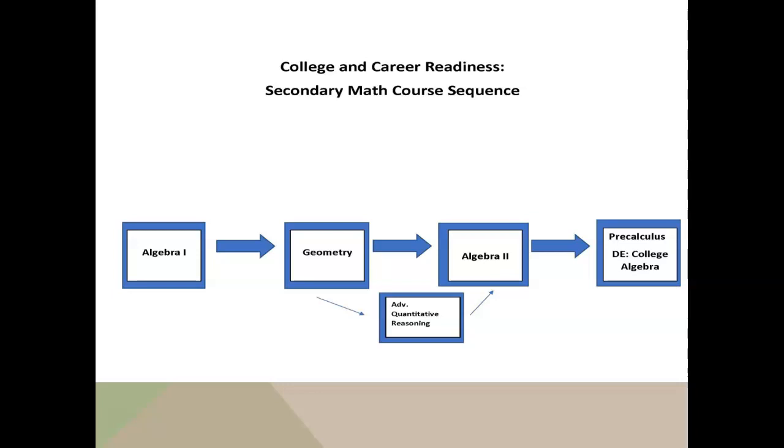In a nutshell, it's typically for students who need a refresher before taking Algebra 2. So if a student took Algebra 1 in 8th grade, is currently in geometry, and needs a refresher of Algebra, they could go ahead and take Advanced Quantitative Reasoning. Again, please review the course description on page 13 of the description guide.